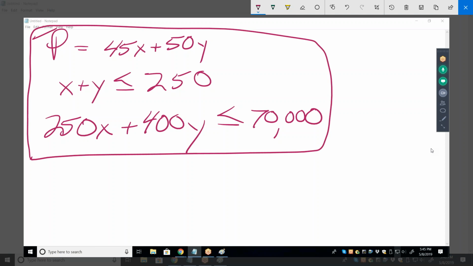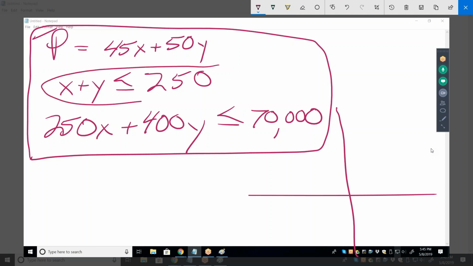Here's how you handle it. You graph everything, actually, you don't graph everything. You graph your two constraining functions. So if I graph that, I get y is less than or equal to negative x plus 250.